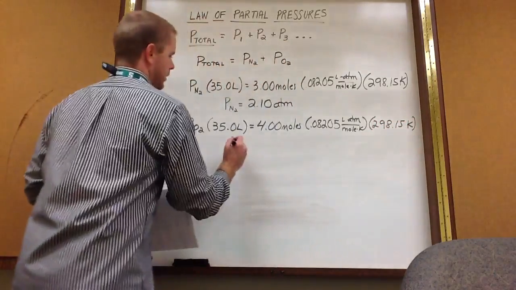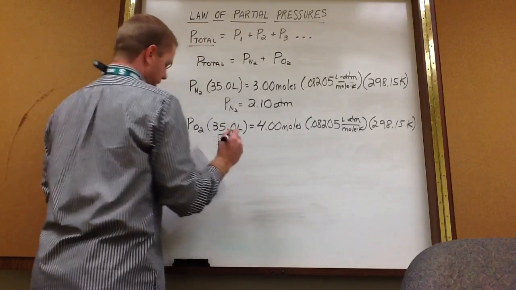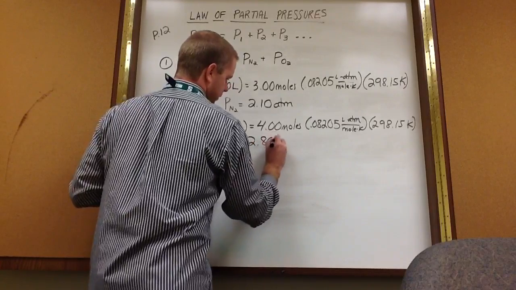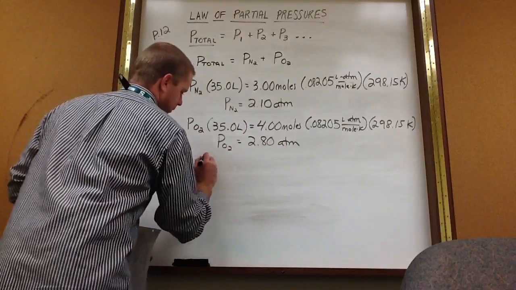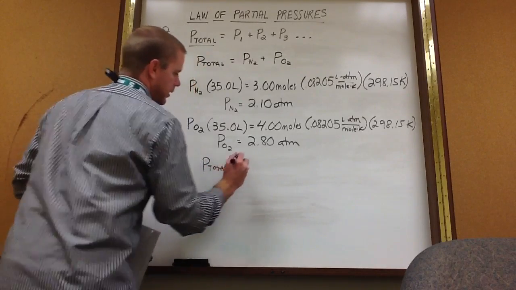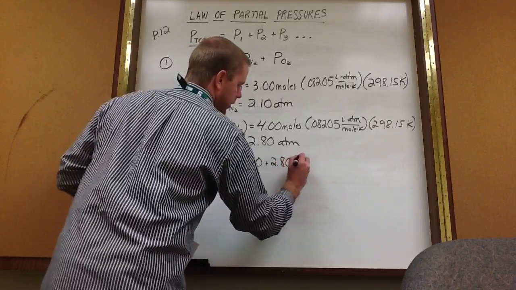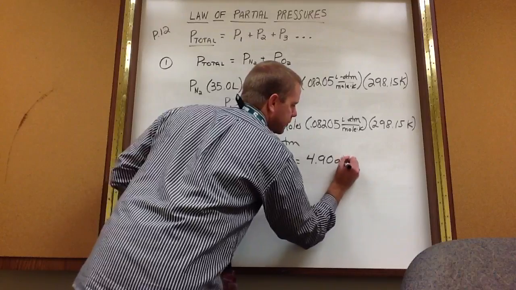Do the math on this, and you get the pressure of the oxygen to be 2.80 atm. So P total is equal to the 2 things added together: 2.10 plus 2.80 for a total of 4.90 atm.